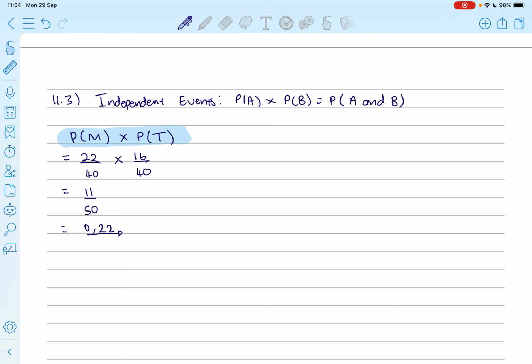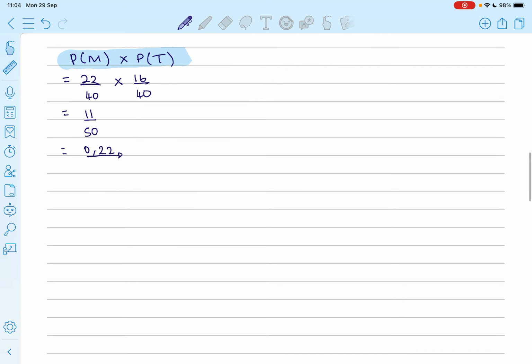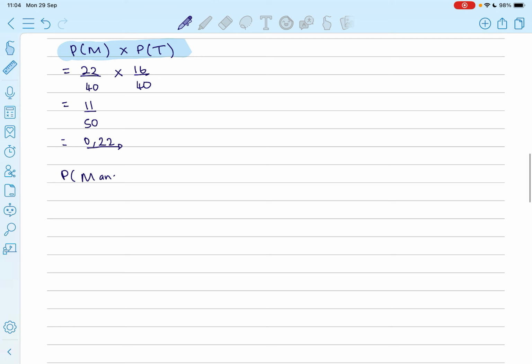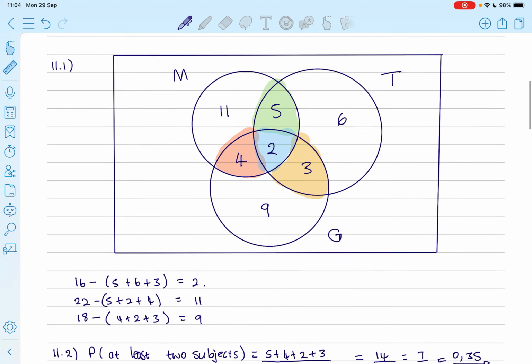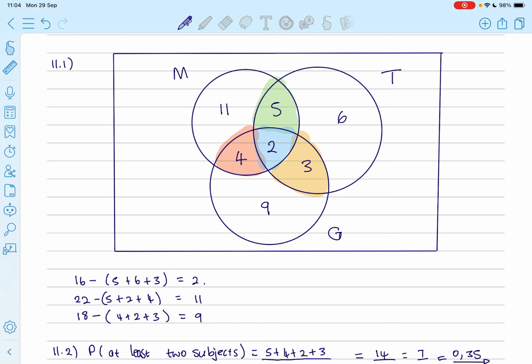Now, we need to then calculate the probability of a student writing maths and tourism. So that would be probability of maths and tourism. And that will be equal to, so based on our circle Venn diagram here, we can see that would be maths and tourism.